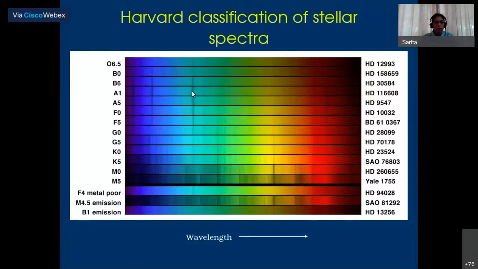The strength you can determine by seeing how dark it is with respect to the surrounding continuum. Okay, and as you go even to the cooler side, it decreases. But then other lines, for example, start gaining strength.